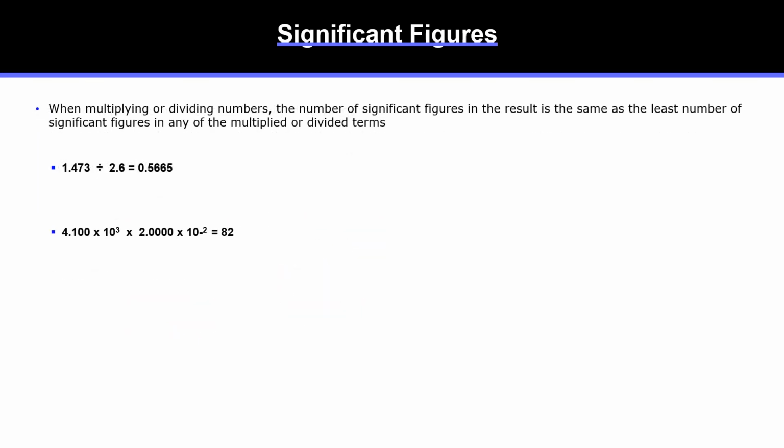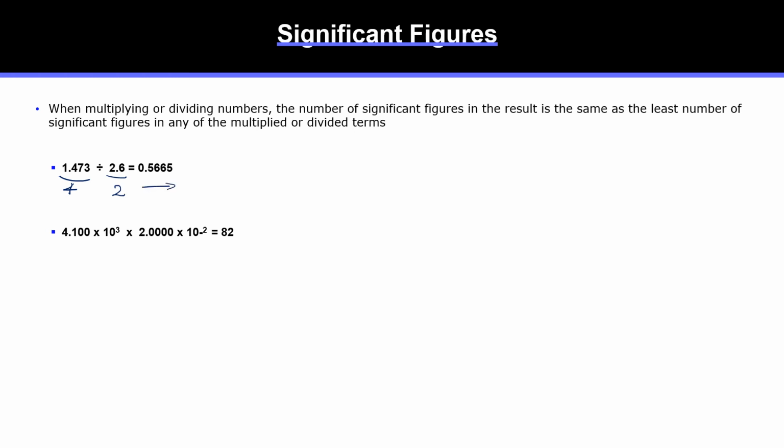When performing multiplications or divisions, the amount of significant digits in the answer will be the same as the number that has the least amount of significant digits. In this case, we have 2 numbers here. We have 1.473 that has 4 significant digits, and 2.6 that has 2 significant digits.